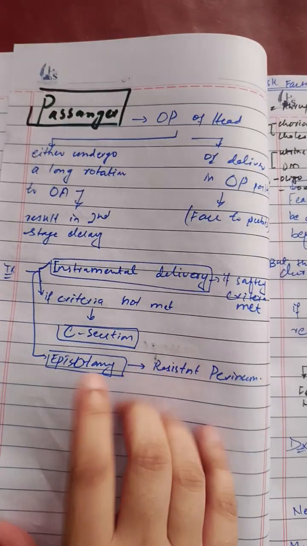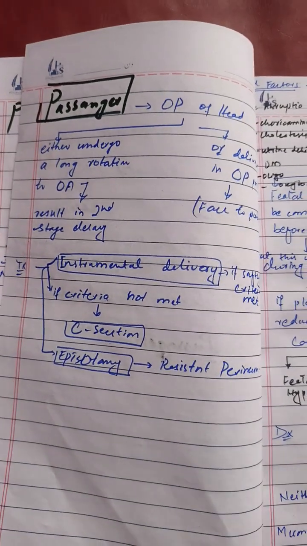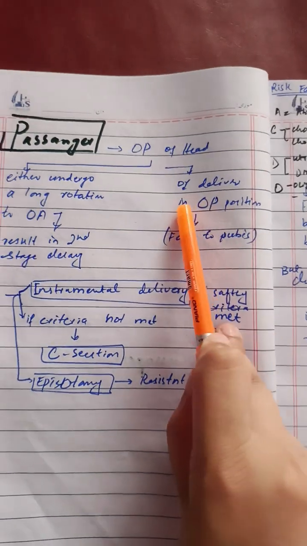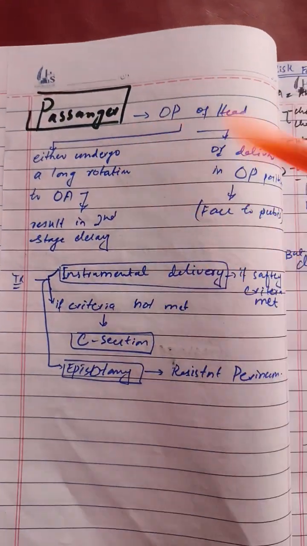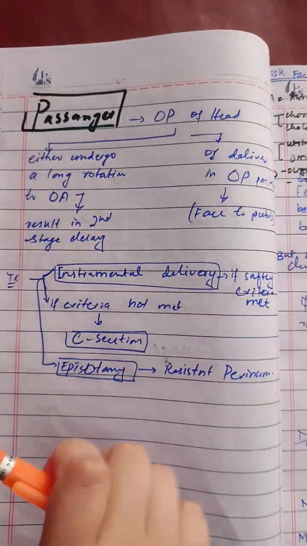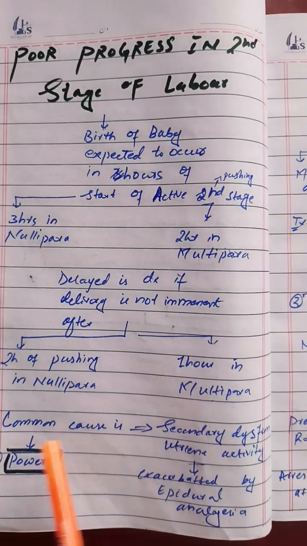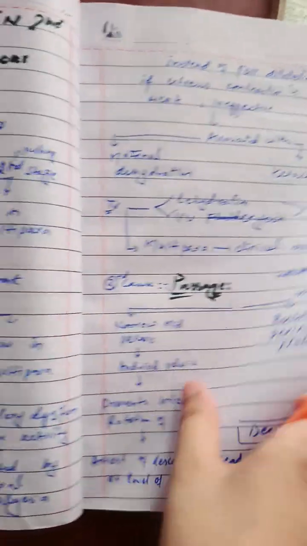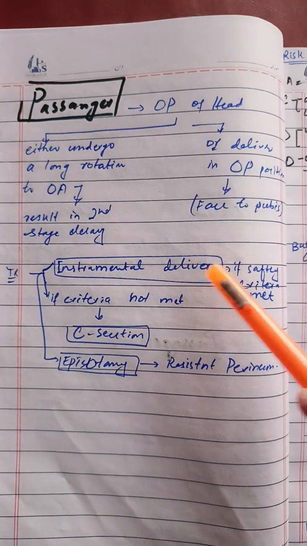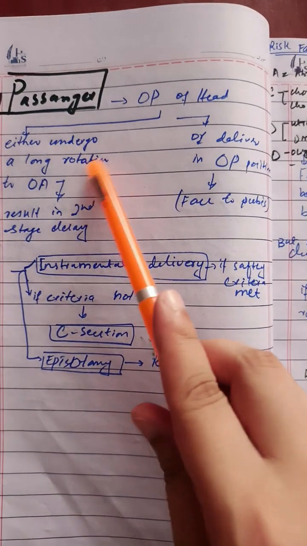Now there can also be a problem in the passenger which leads to poor progress in the second stage of labor. We have discussed the problem of the power and the pathology of the passage, and now we will discuss the pathology of the passenger.